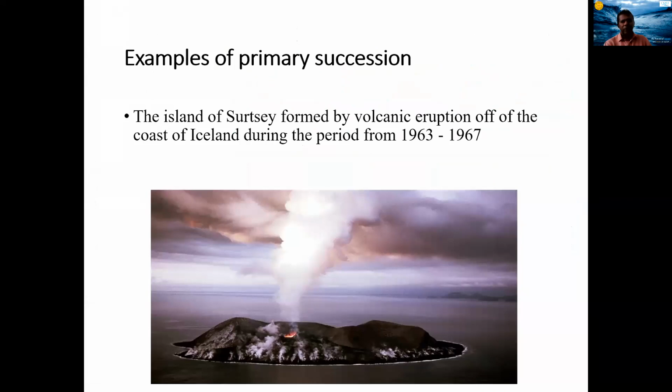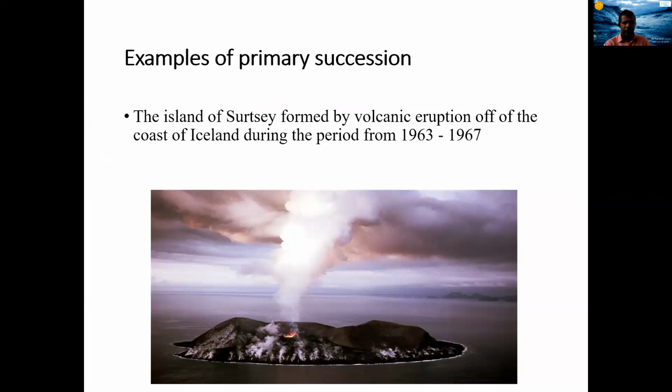Again, we have to go back to the real world situation, because we don't have many historical data to show this ecological succession, so these are some examples. This is called Churchill Island in Canada, right? After the volcanic eruption, way back in the 1960s, even before I was born.